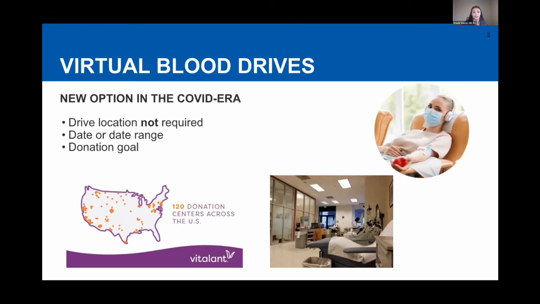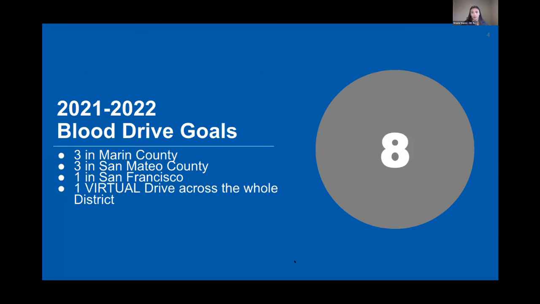And it's my pleasure to announce our district 2021-2022 blood drive goals. We are aiming to have 8 blood drives hosted by District 5150 next Rotary year. You'll see it's 3 in Marin, 3 in San Mateo, 1 in San Francisco, and then we are aiming to have 1 virtual blood drive.